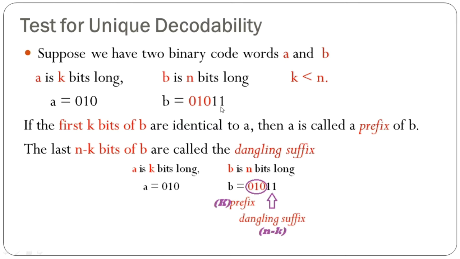So these n minus k, 2 bits of B are called the dangling suffix. A is equal to 010, this A is getting repeated here, so these k bits of A are called the prefix, whereas the remaining 2 bits are called the dangling suffix, which is n minus k bits.